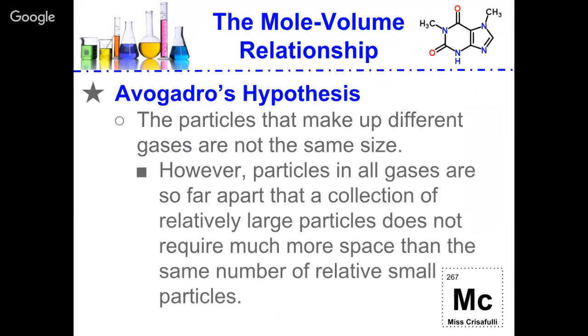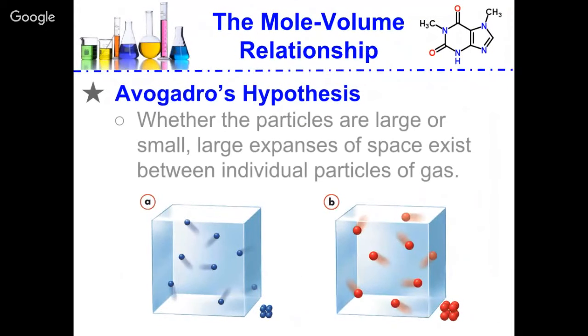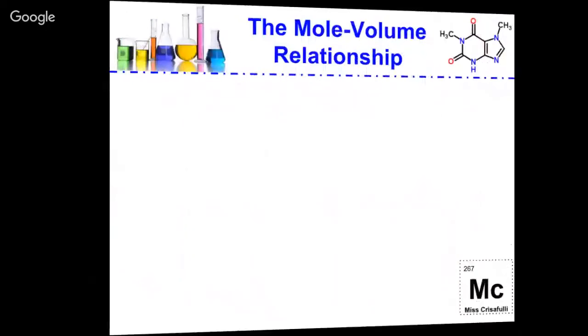However, particles in all gases are so far apart that a collection of relatively large particles does not require much more space than the same number of relatively small particles. This is true because when gases get into a container, they expand to fill that container. So, whether the particles are large or small, the space between the particles is going to be the same.